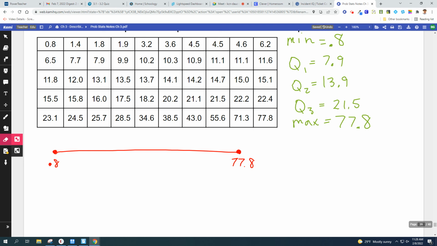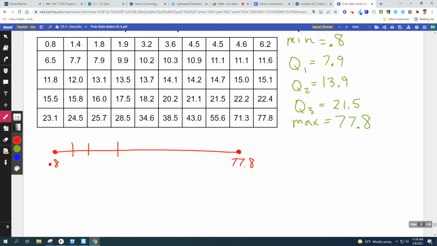13.9 is going to be a lot closer to 0.8, so you can eyeball it like maybe right there. And 7.9 is even closer to 0.8, so that's right here. And 21.5 is not going to be halfway, but maybe it's right there.